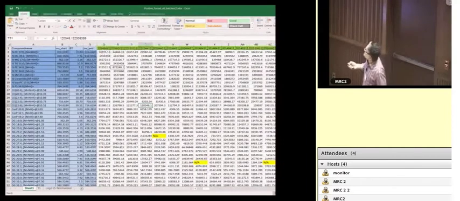And starting from row number 12 and beyond, everything else are the endogenous lipids that were detected by LC-MS. And each column is one of the patients. And as you can see, we have some missing values here that I highlighted in yellow. So the first task would be imputation of missing data.